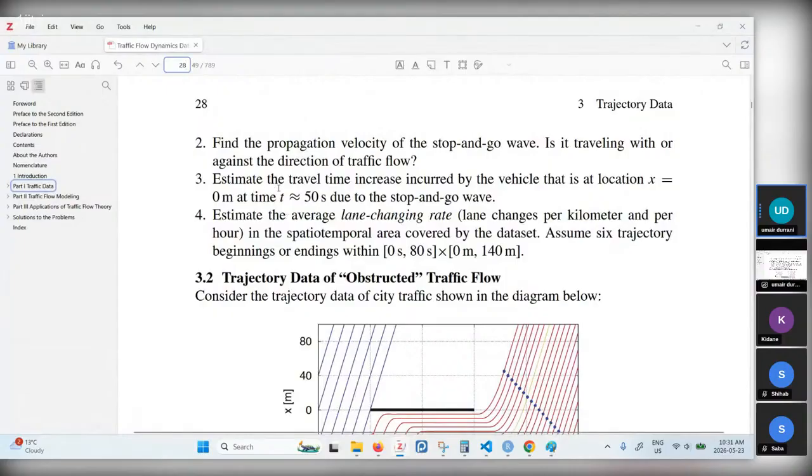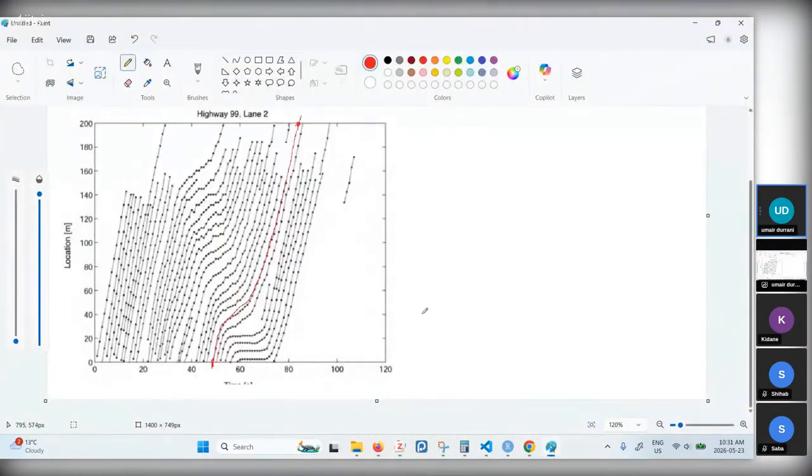Again, estimate the travel time increase incurred by the vehicle that is at location x equals 0 at time t equals 50 due to stop and go wave. If the vehicle never slowed down like it did in this region, then the trajectory would continue like this.